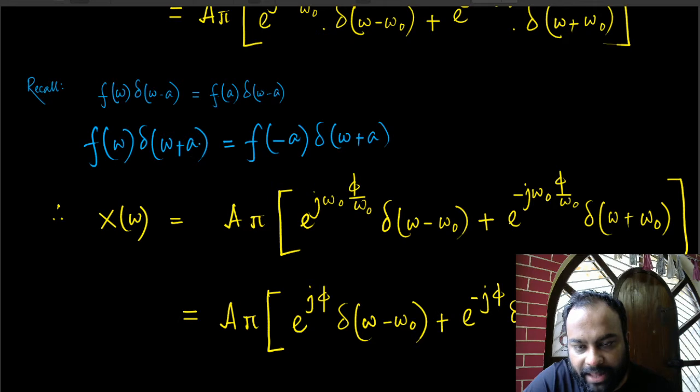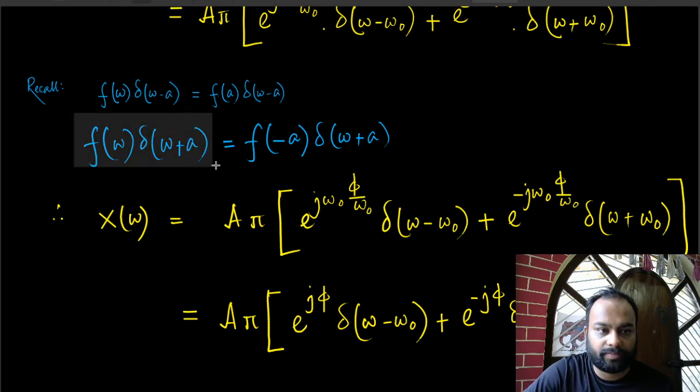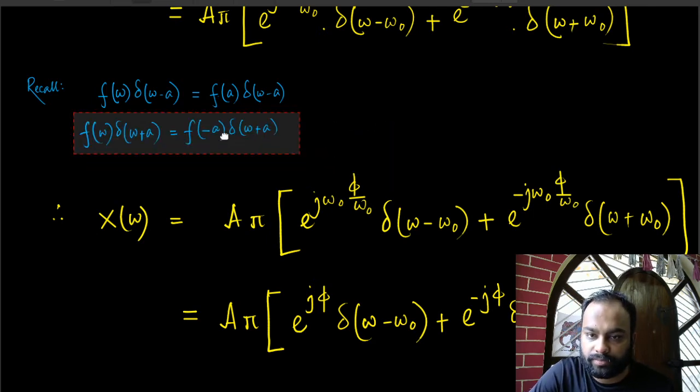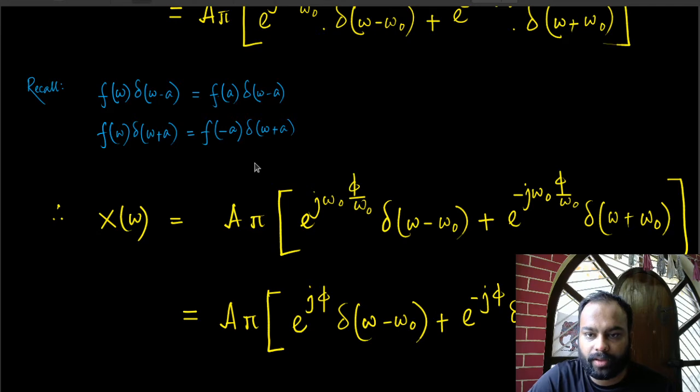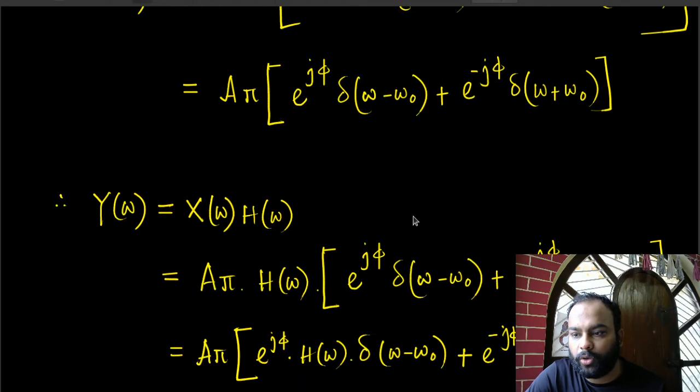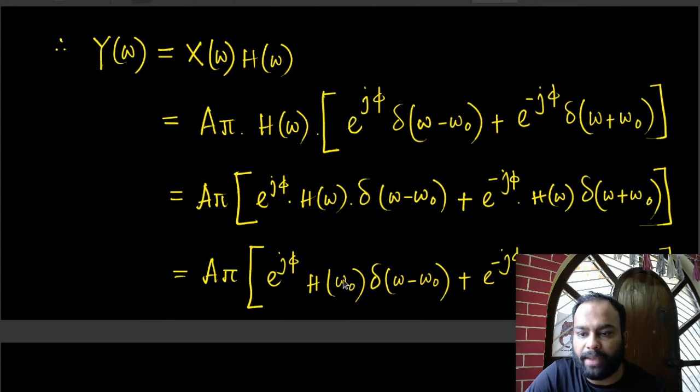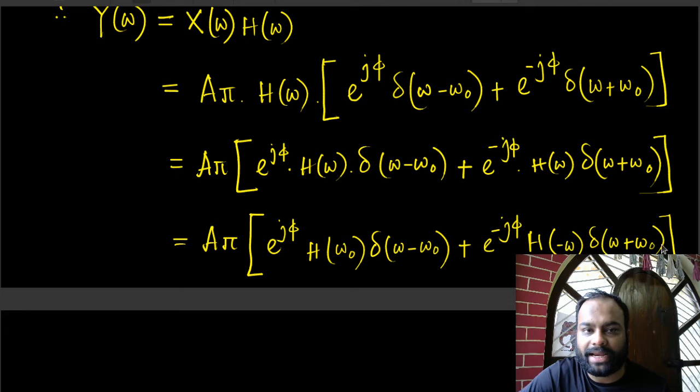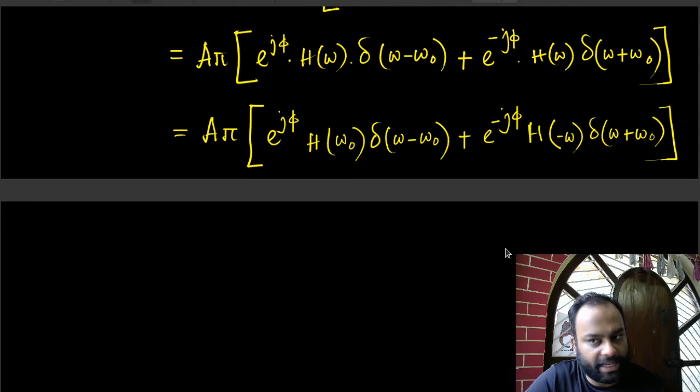I think that's understood, right? So I put omega naught when there is a minus sign here, and when there is a plus sign I can consider that to be minus of minus omega naught, so I just put minus omega naught. I think that's clear, right?